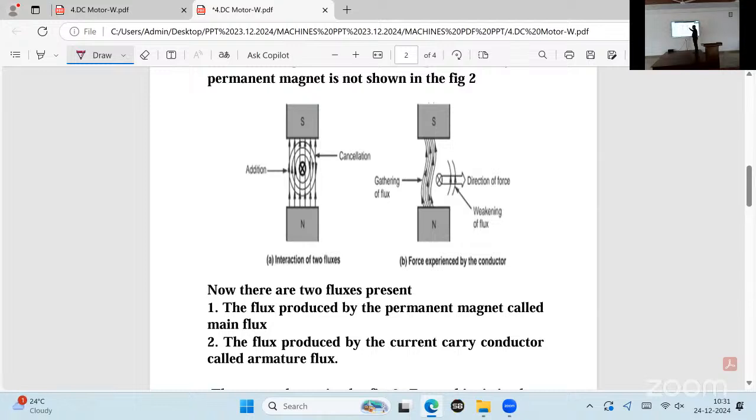We have to reach the fourth diagram. What is the fourth diagram? The armature is rotating. Now see this. This is the main flux. This is called the armature flux.